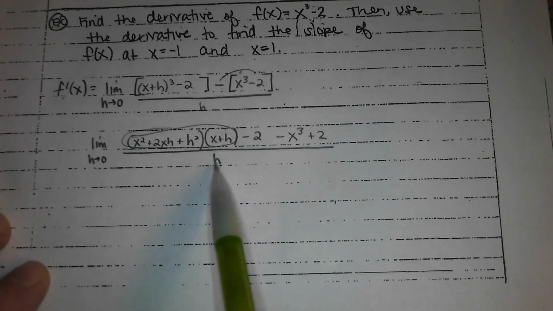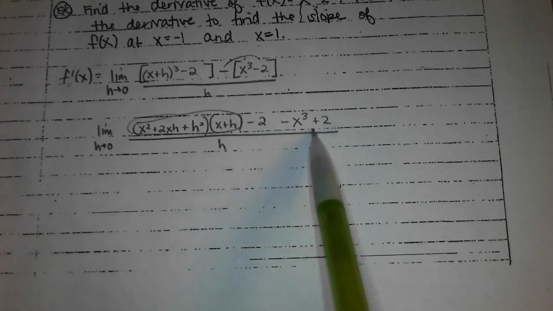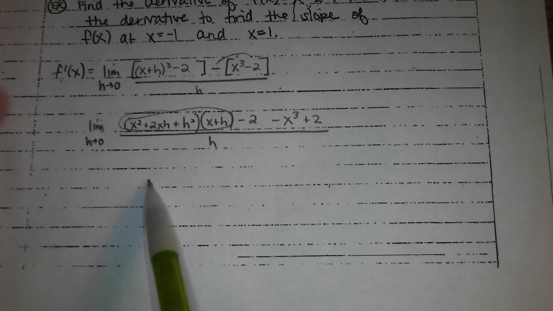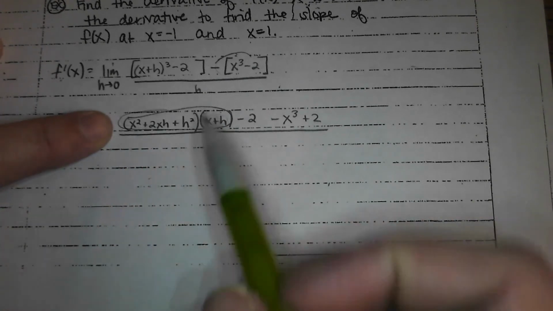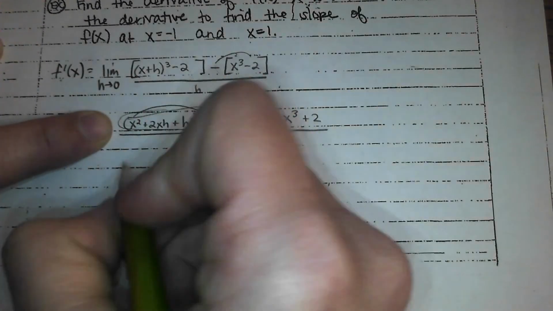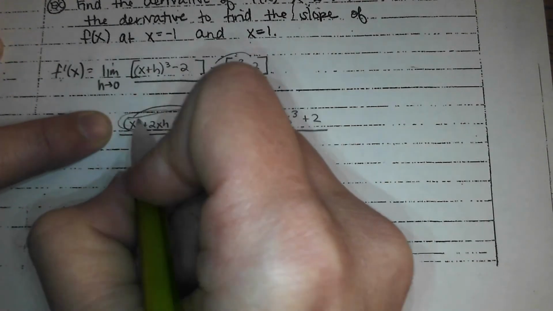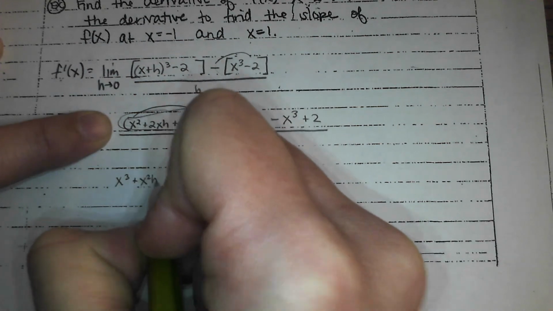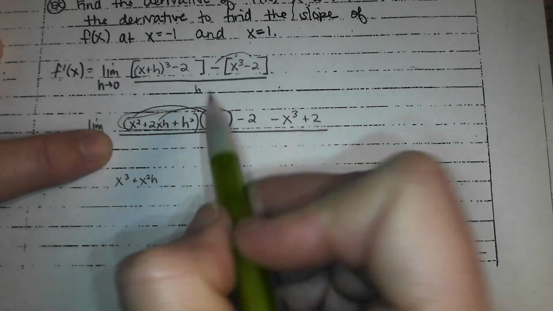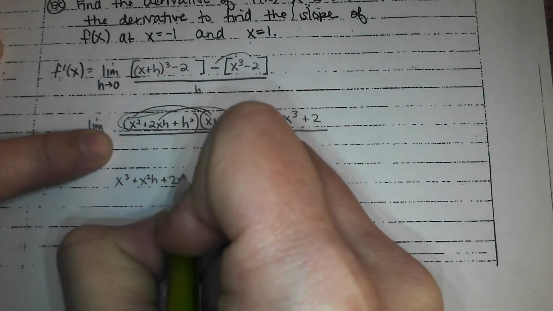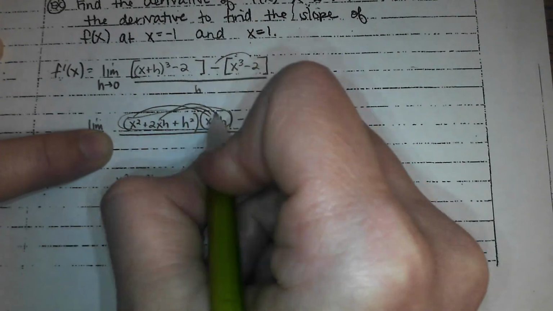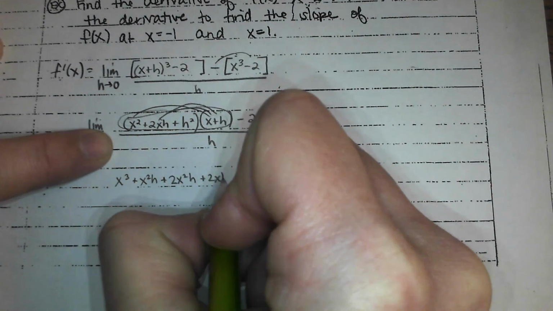Yes, you wasted time writing that again, and you're just going to have to keep copying that over, but keep it there. When you get to the next step, we're going to distribute x squared times x plus x squared times h. Then distribute your 2xh plus 2xh squared.